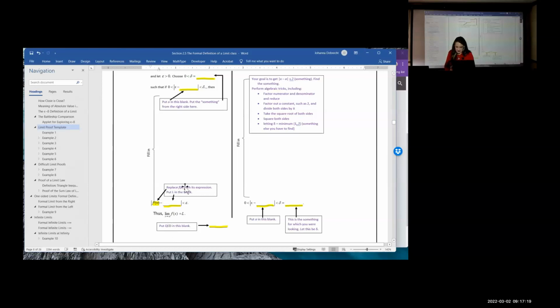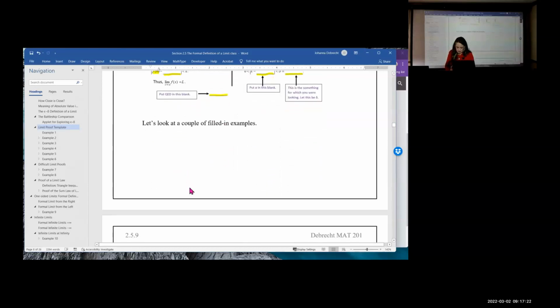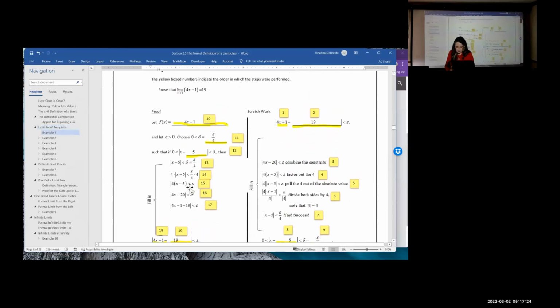All right. So yeah, proofs can be quite difficult. So let's look at an example where everything is filled in so that you can get a feel for how this works. We're trying to prove that the limit as x approaches 5 of 4x minus 1 is 19. So we're going to identify the different pieces of the proof. First off, when you see the limit, x is approaching a, so a is 5.